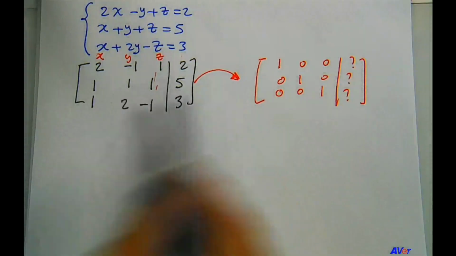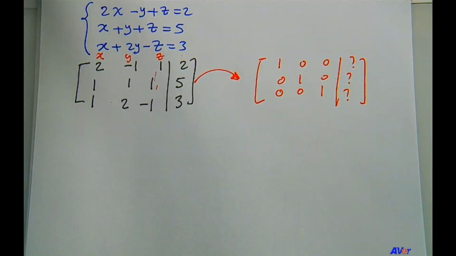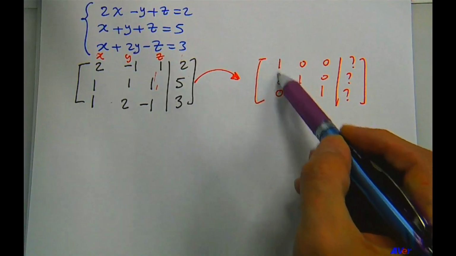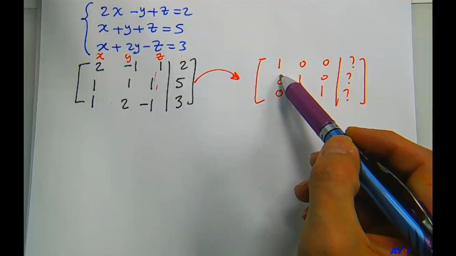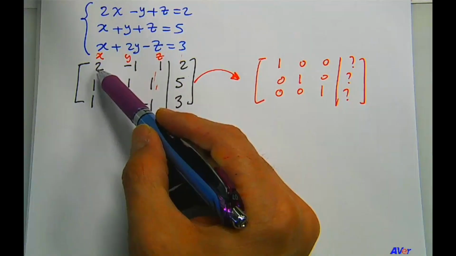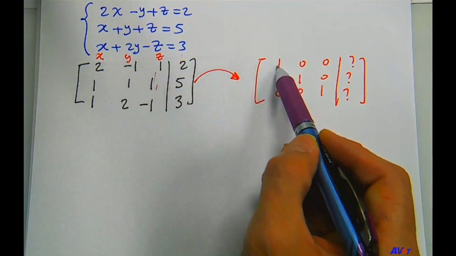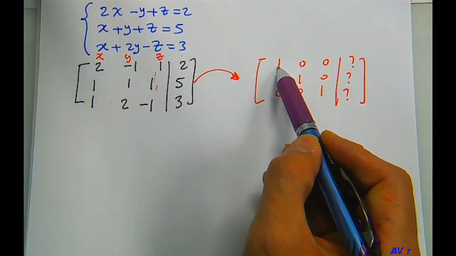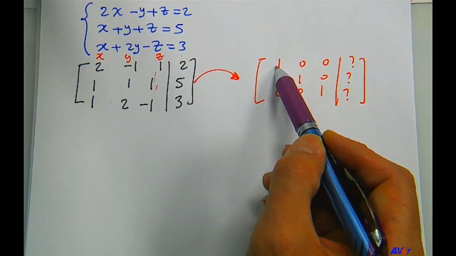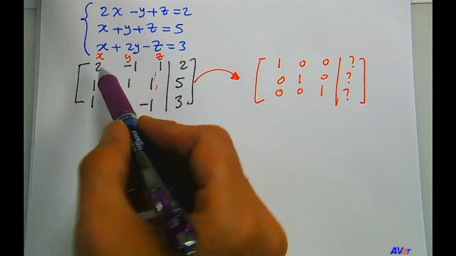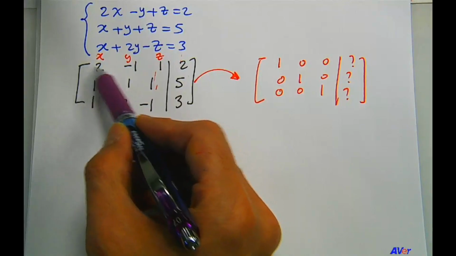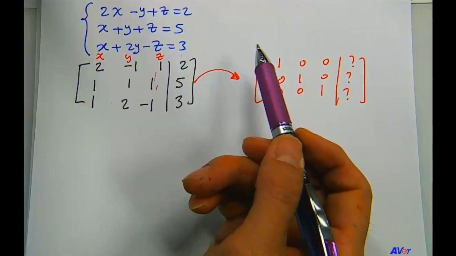looking at this, which number would you obtain first? Would you obtain the zeros or the 1? If you remember what I said, you would obtain a 1 in that corner. So that's the number you want to obtain first. Now there are options for you here. You can multiply this whole row by 1 over 2, right?